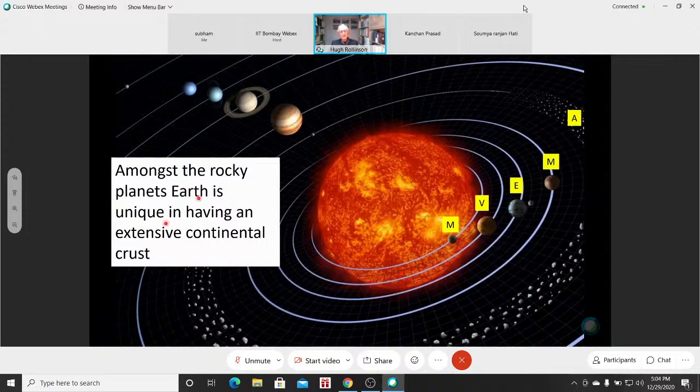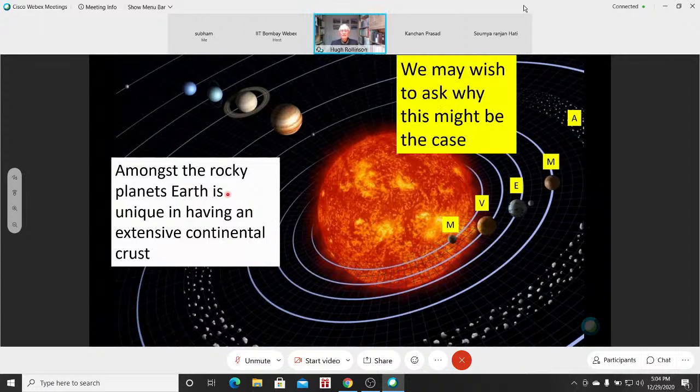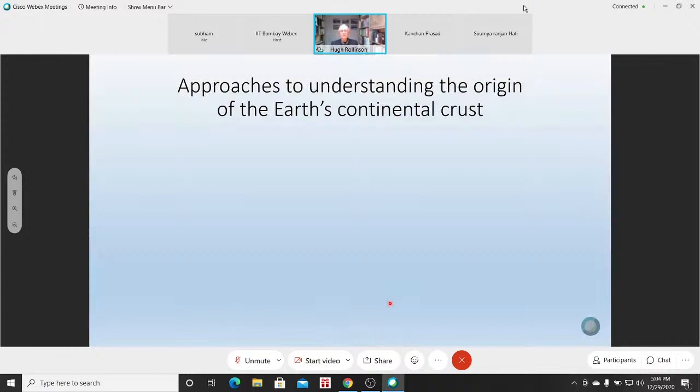But amongst them, the Earth is the only planet which has an extensive continental crust. And we may wish to ask ourselves, why is this? Why is the Earth different from those other planets which are seemingly the same in composition in the way they have been made in the early solar system?